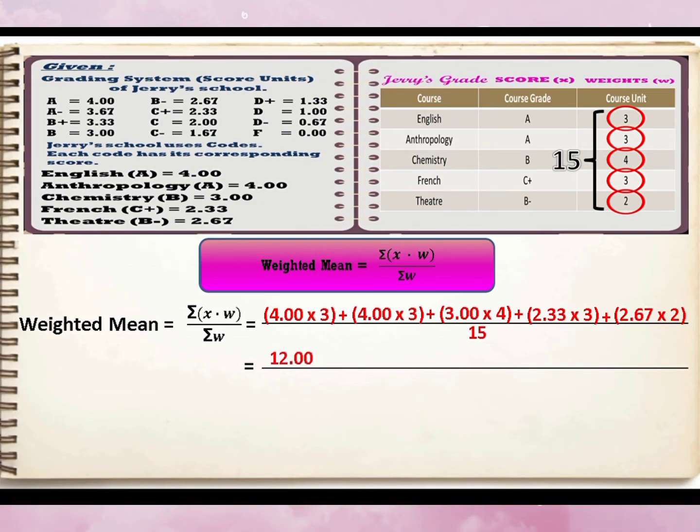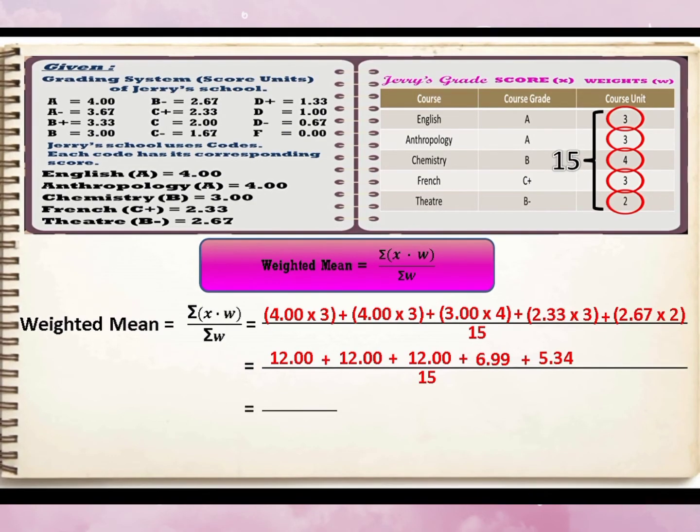4.00 times 3 is equal to 12.00, plus 4.00 times 3 is equal to 12.00 again, plus 3.00 times 4 is equal to 12.00, plus 2.33 times 3 is equal to 6.99, plus the last term, 2.67 times 2, is equal to 5.34. So, let's add them all and the answer will be 48.33.